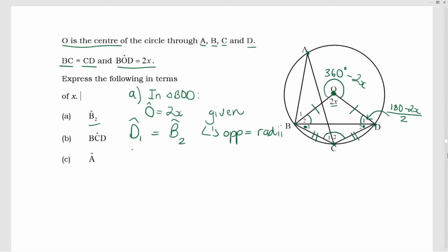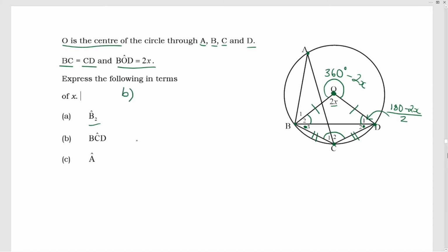And then that means that D1, or what do they want? B2. B2 equals 180 minus the 2x over 2. Let's just simplify that. What is my reason? My reason is interior angles of a triangle. And then finishing off, just simplifying, I'm going to have 90 minus x.